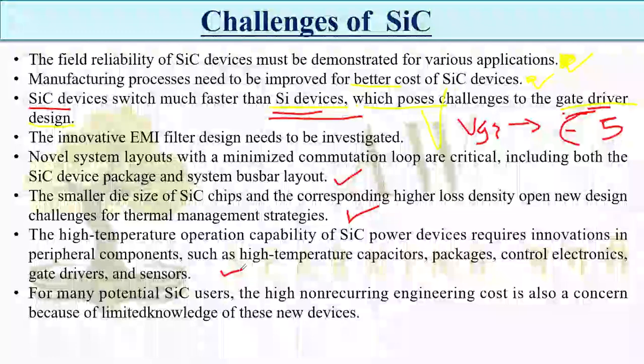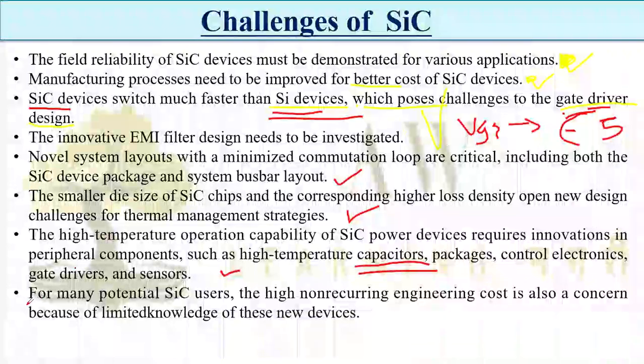But what about the other components present in the circuit, like the capacitors, control electronics, gate driver and all? They are not capable of high temperature application. They are there with respect to silicon. So we need to find some other alternative, like whatever capacitor we are using is good up to some particular temperature level. If we use it along with silicon carbide, we need to increase our temperature level. Otherwise, how can we implement it in the circuit, right?